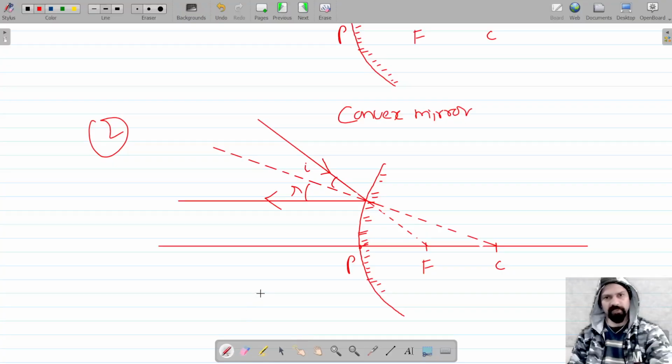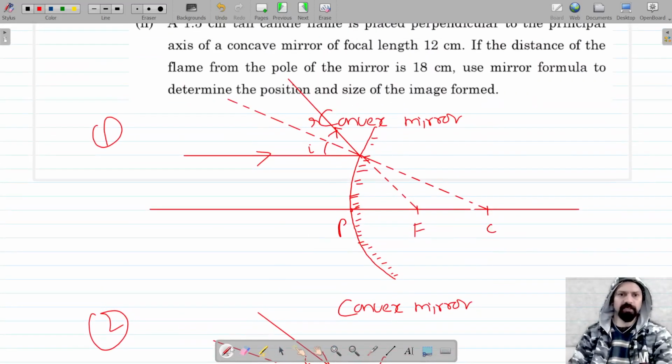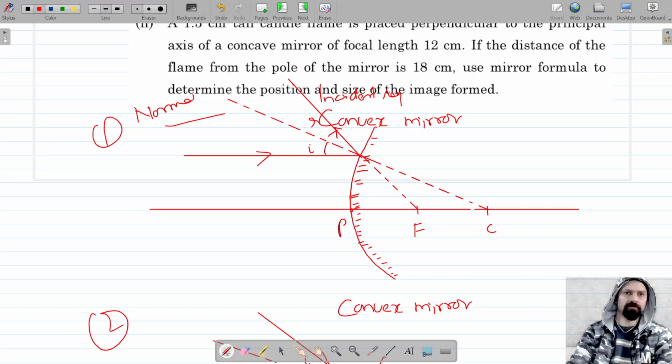Okay, so these are the ray diagrams to show the path of the ray of light, and we can label them as the incident ray and the normal. So this is the incident ray, this is the normal, sorry, this is the incident ray, and this is the reflected ray.